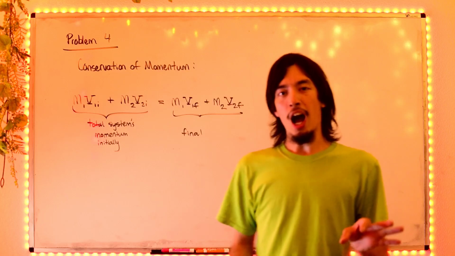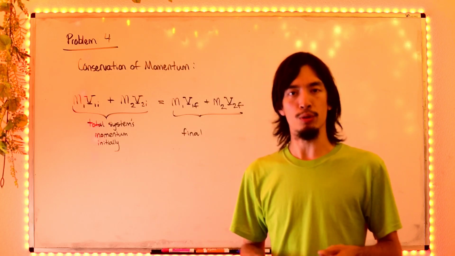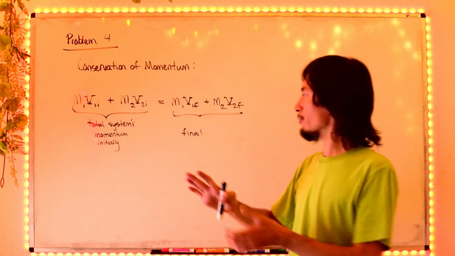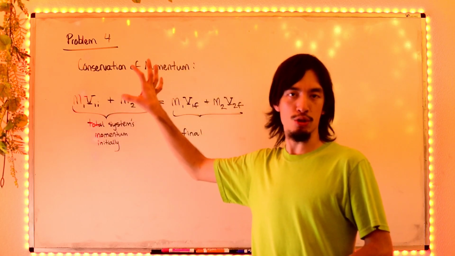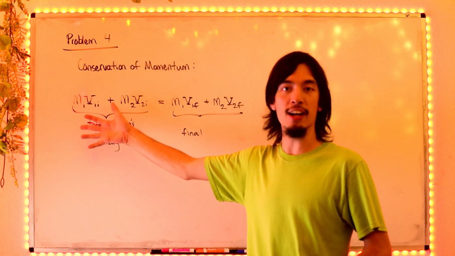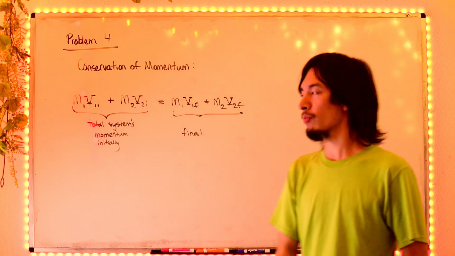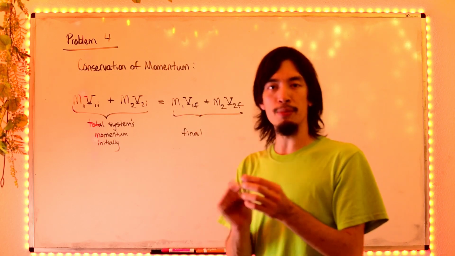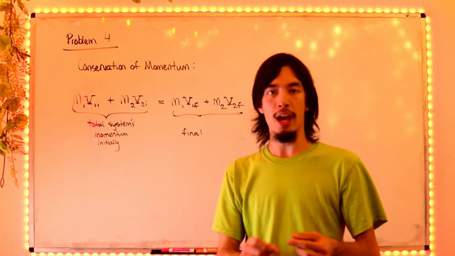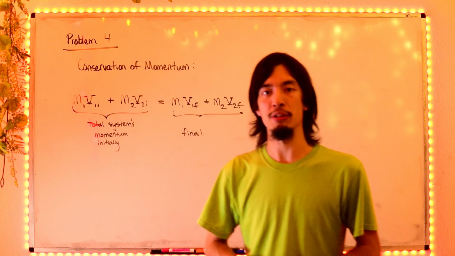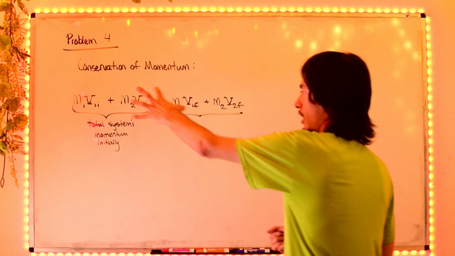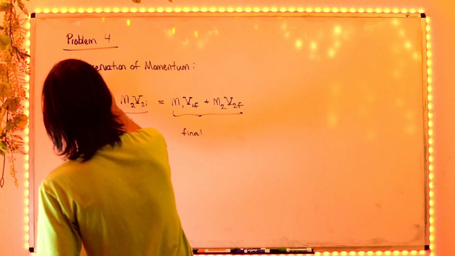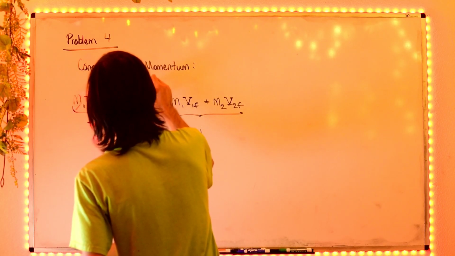If you have more objects involved in the system, 3, 4 more objects, you just keep on adding more terms. Whatever you're going to do to make it the total of the entire system, you just add more terms. In this problem, initially is before the explosion, just before, and final is just after the explosion. So initially, neither object has any movement at all.